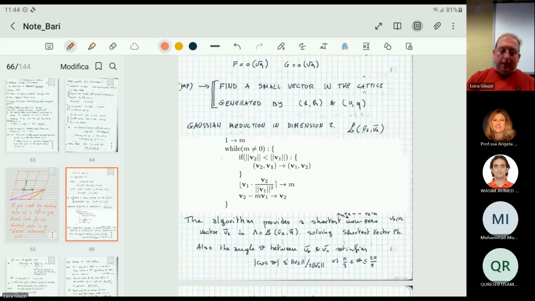How? Basically, we use this algorithm, which is still due to Gauss, which, if you look carefully at what it is, is Gram-Schmidt with integer coefficients. You have definitely seen Gram-Schmidt reduction in the first year linear algebra course in your undergraduate years.